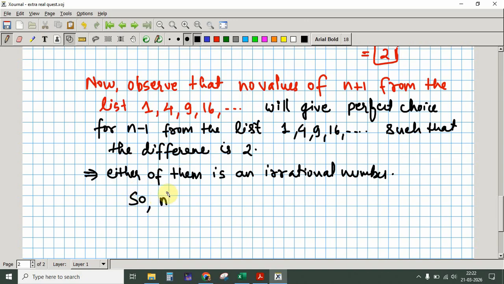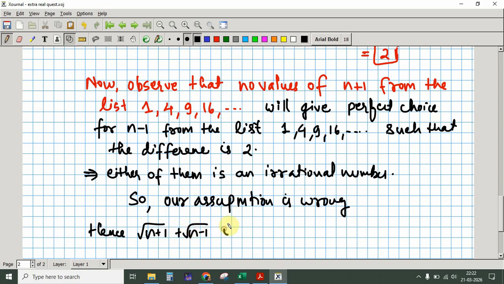So our assumption is wrong. Hence, n plus 1 plus n minus 1 is an irrational number for n belongs to Z plus.